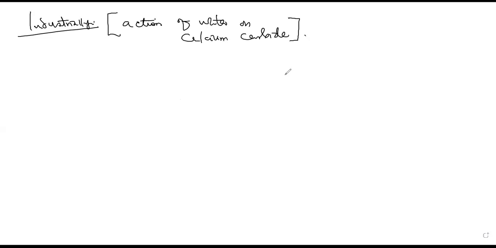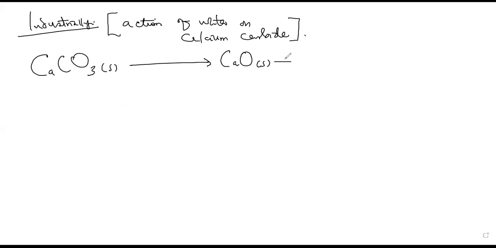So how do we get calcium carbide? You get it initially from the decomposition of calcium carbonate. When calcium carbonate decomposes on heating, it produces calcium oxide, which is a solid, and carbon dioxide gas.